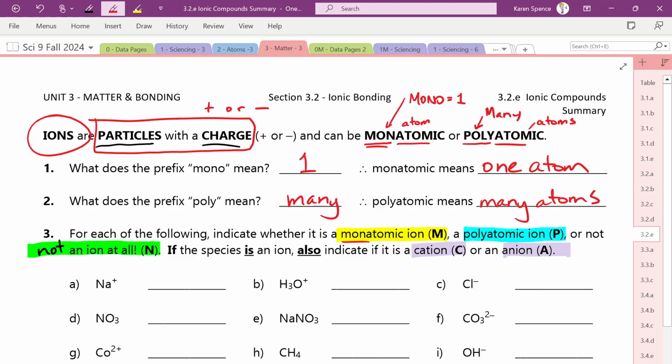Because there's only one atom. That's right. It's an ion.